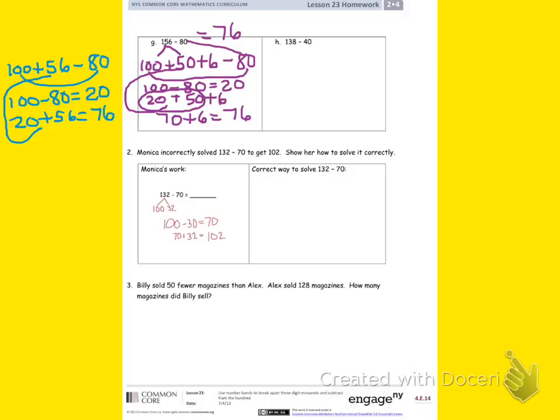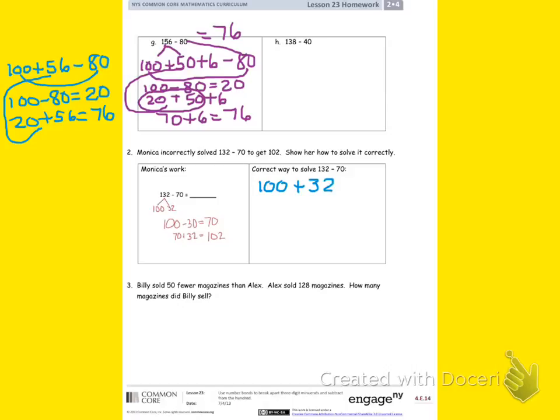Problem 2. Monica incorrectly solved 132 minus 70 to get 102. Show her how to solve it correctly. In the box it says, correct way to solve 132 minus 70. The first thing you need to do is decompose 132. She did that part correct. She wrote 100, and then plus 32 should have been included.